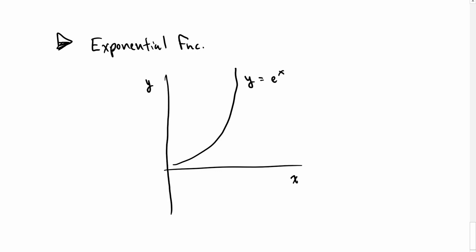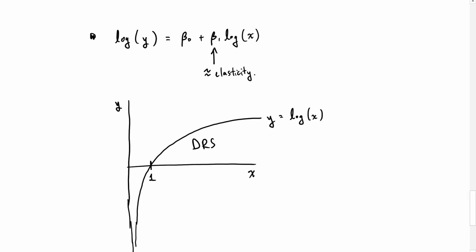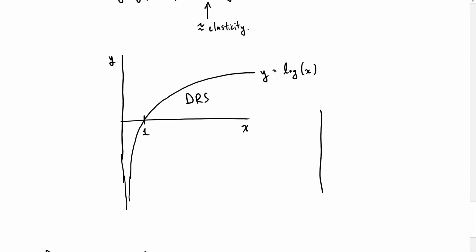Anytime you think you might be modeling some economic phenomenon that exhibits any of these behaviors, you should consider the functional form. If you're modeling something that looks like this, and you model it as a linear function, that's not going to give you the right output. So just be cognizant of the underlying, and this is why it's econometrics and not really statistics, you really have to think about the underlying economic phenomenon.